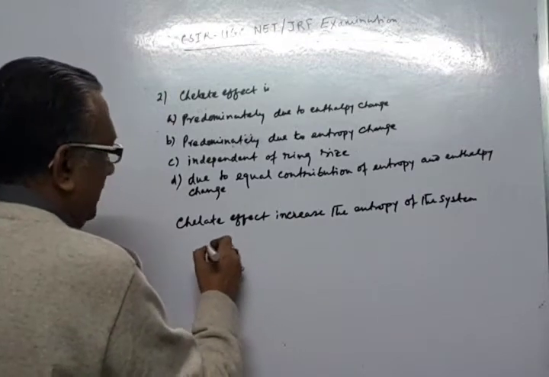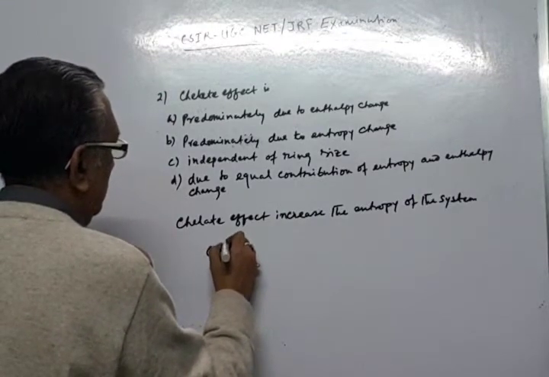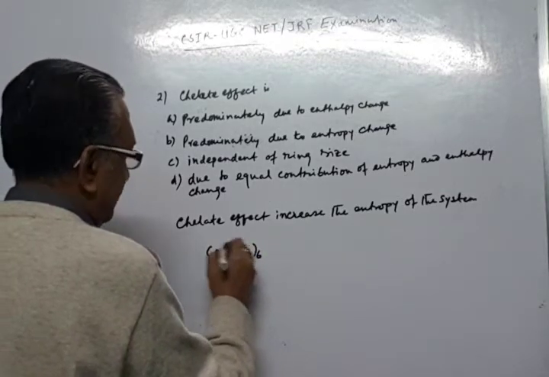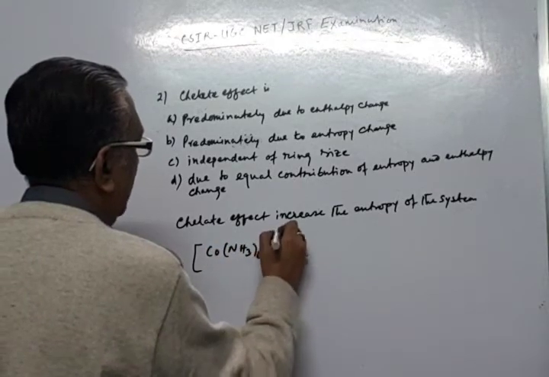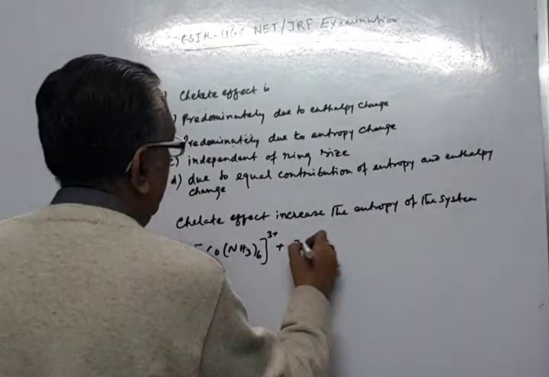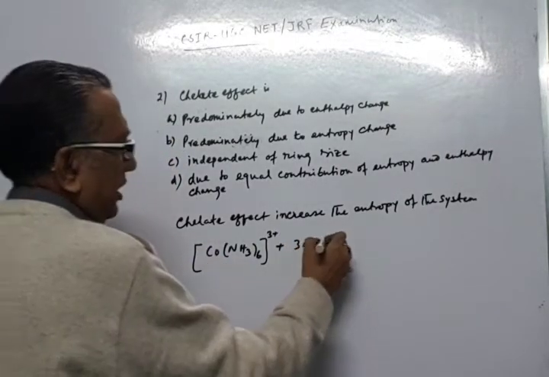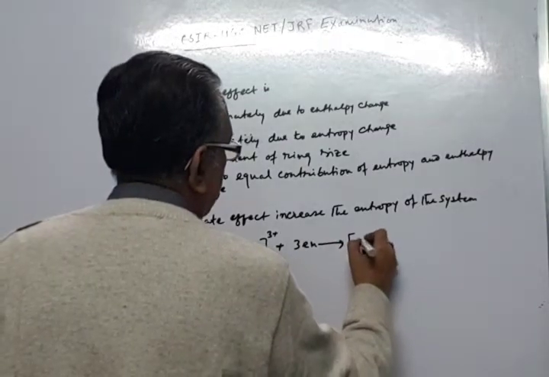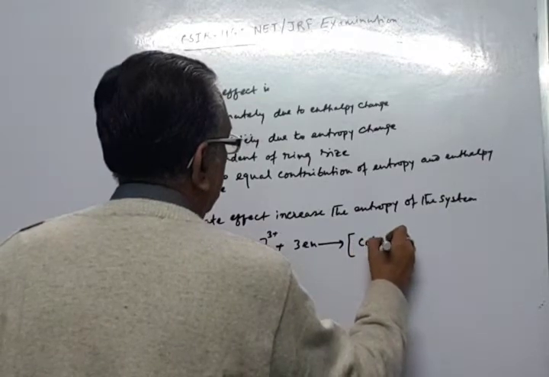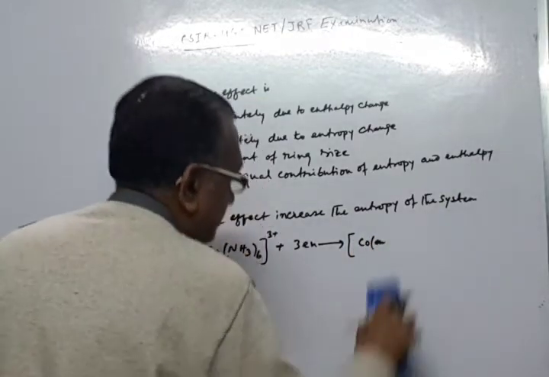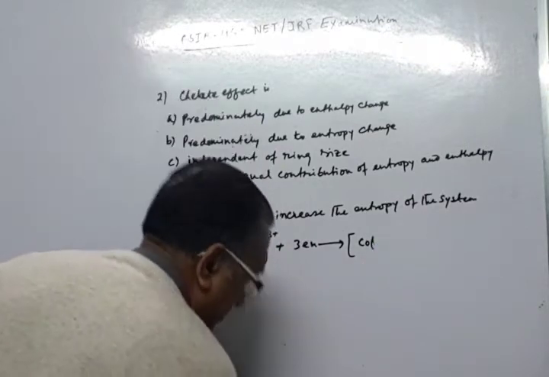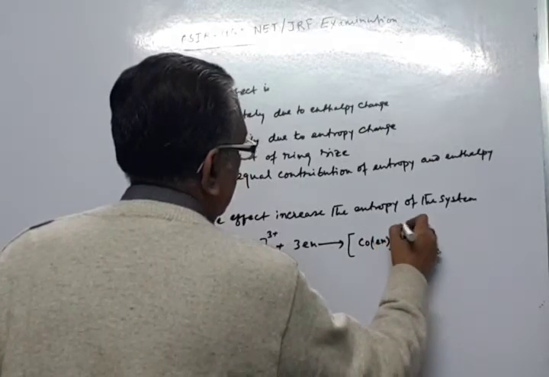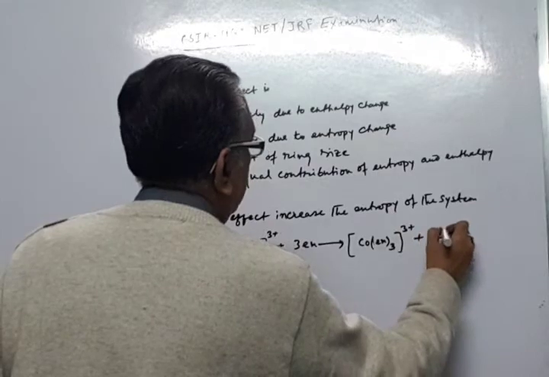So we find that in this case [Co(NH3)6]3+ plus 3 en, where en is ethylene diamine, gives us [Co(en)3]3+ plus 6 NH3.